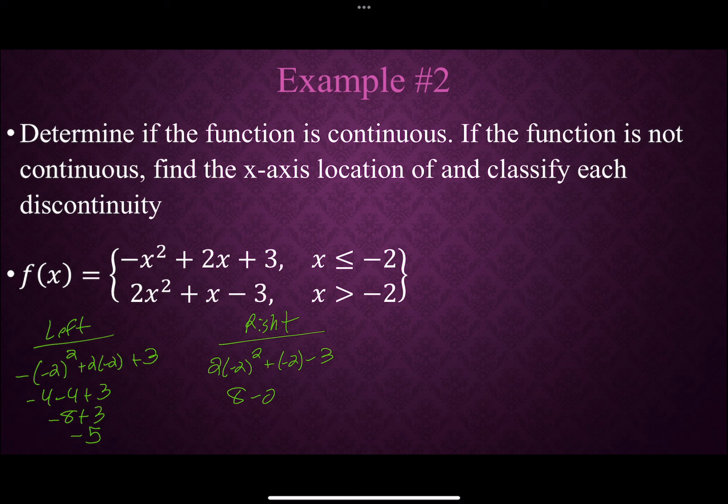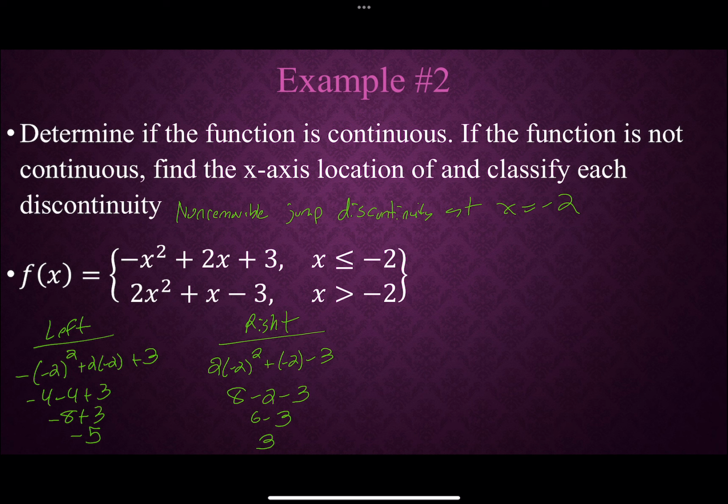So we get 8 minus 2 minus 3, 6 minus 3, which is 3. So those are not the same thing. So therefore, we would say this is a non-removable jump discontinuity at x equals negative 2.